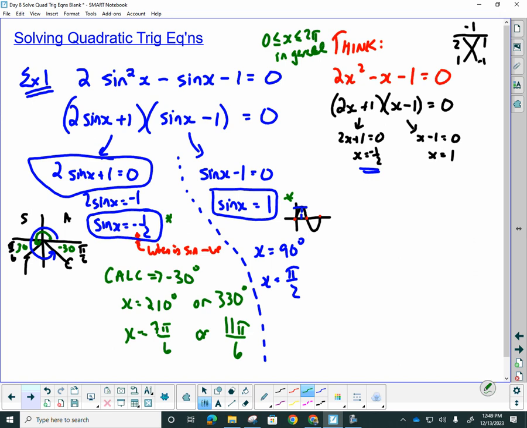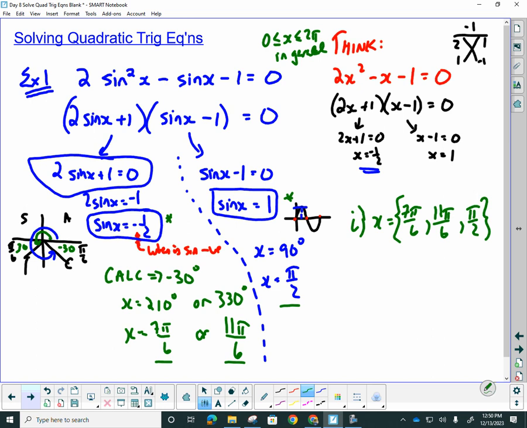So for the first one, we have 3 answers that are going to work. Let's make the solution set. x equals 7 pi over 6, 11 pi over 6, and pi over 2. Since it's a solution set, it doesn't matter what order we put them in, as long as they're listed.